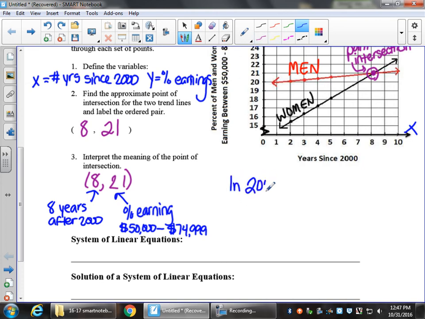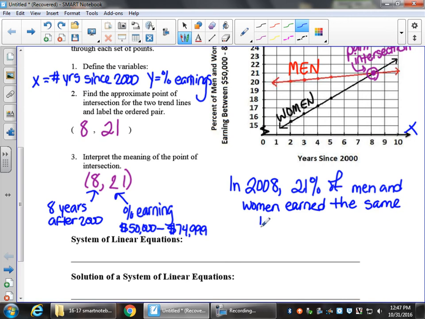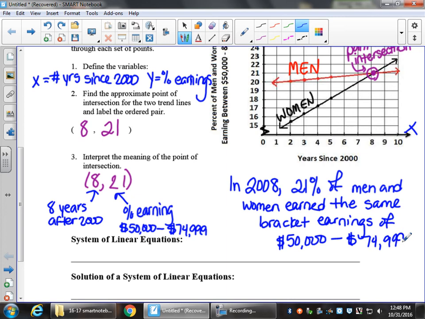So in 2008, the percent is 21%, 21% of men and women earned the same, that's the key word there, the same bracket earnings.